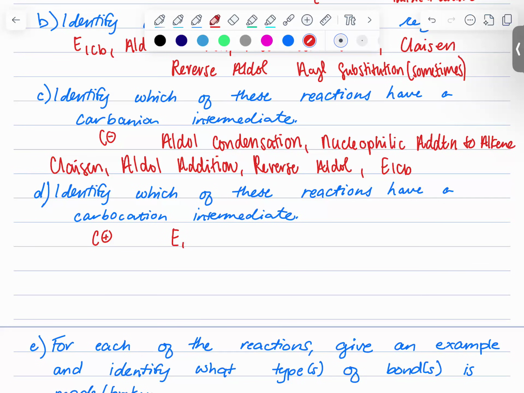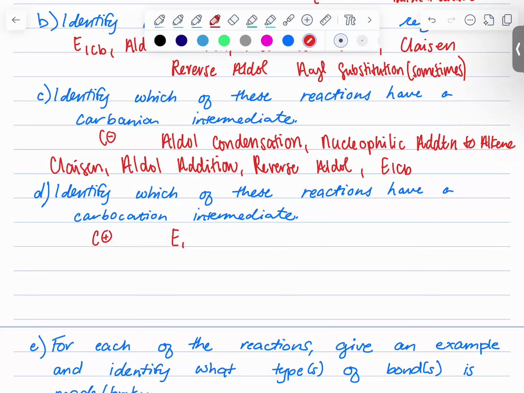The mechanism for E1CB was like the first question on exam 2, so I would say review that. You have your copies of your exam, so you can see where you got partial credit, where you didn't, and where you did. Knowing that mechanism is important.